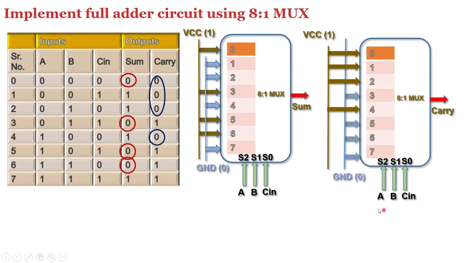So now you apply any specific combination of the inputs starting from 0, 0, 0 to 1, 1, 1. The corresponding data line gets connected to the output, and the carry is equal to 0 when one of the lines 0, 1, 2, or 4 is activated or selected, and those lines are selected based on the inputs you apply here.